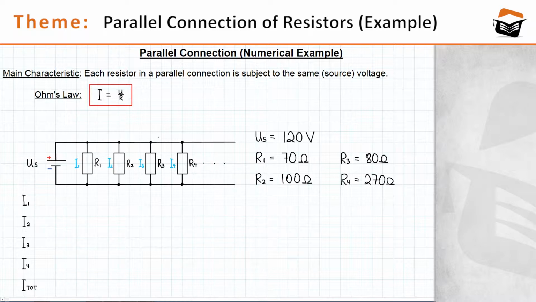The formula is listed here, and to apply it to our example, we're gonna state U_S, the source voltage, divided by R1, and that's equal to 120 volts divided by 70 ohms, and that's equal to 1.71 amps.